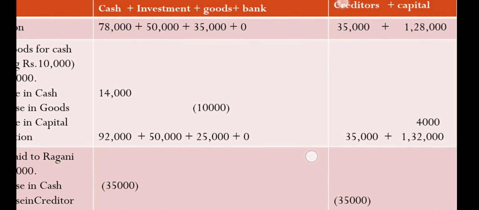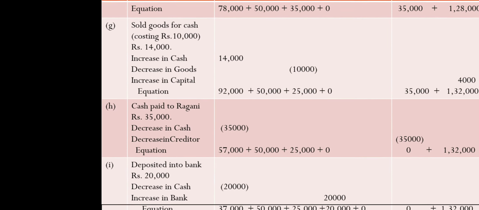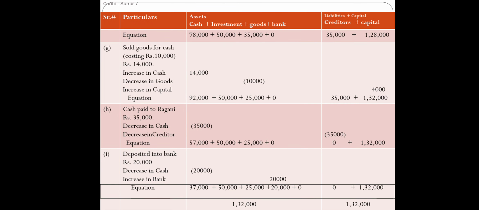So a new column, bank, will be introduced, where I will be introducing 20,000. At the same time my cash balance will decrease by 20,000, which is shown over here. And as the final conclusion, on both sides my equation will be set up and it will give you a total of 1,32,000.